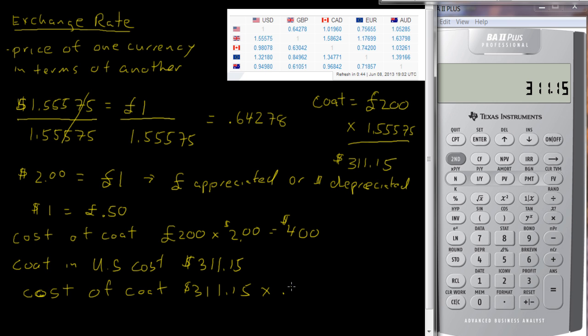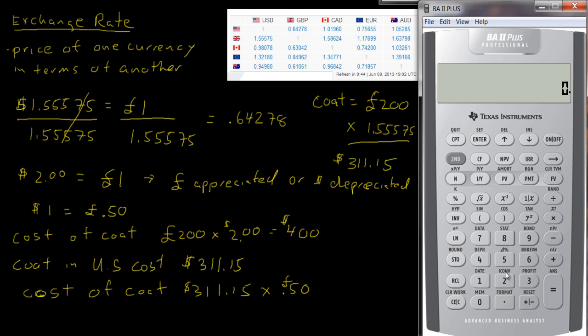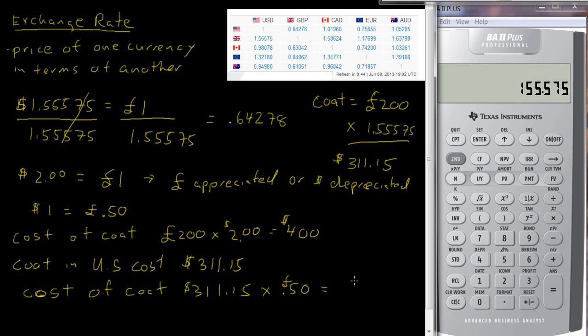So let's multiply that by 0.50 pounds. And we get that the coat is going to cost that person in Great Britain 155.575 pounds sterling. So instead of it costing 200 pounds, they can get the U.S. coat for 155.575 pounds.